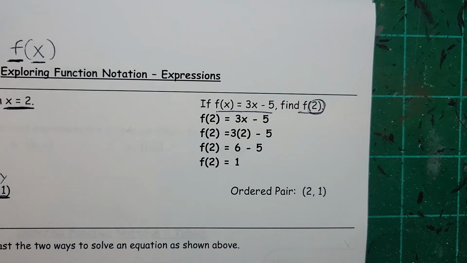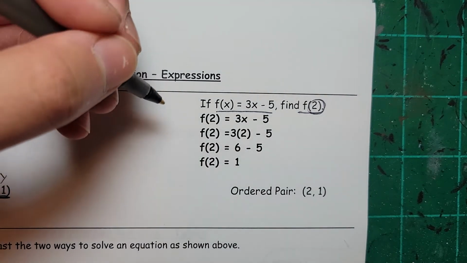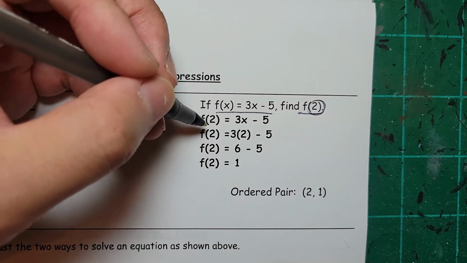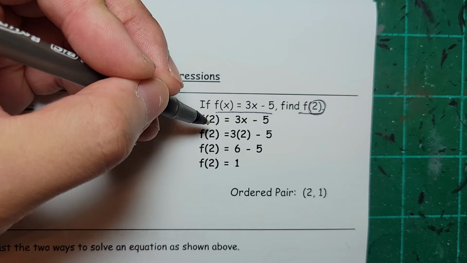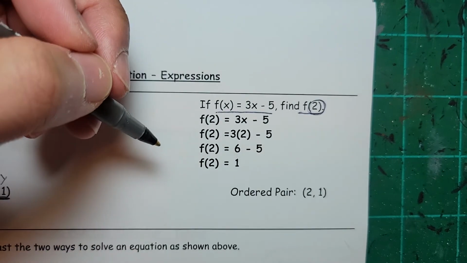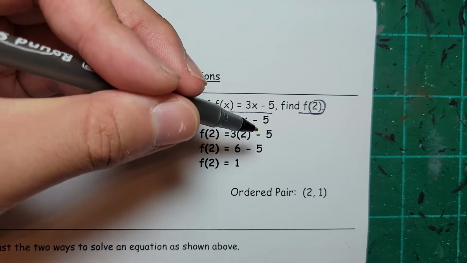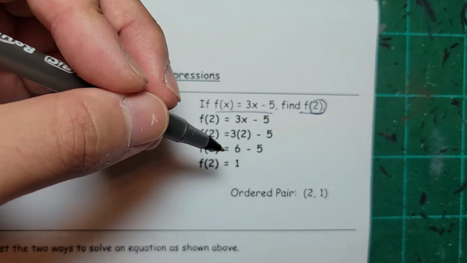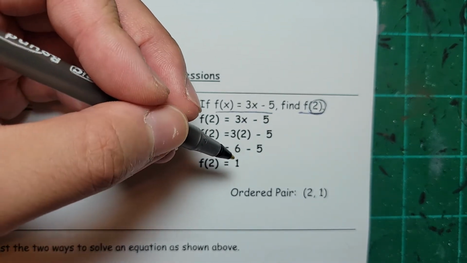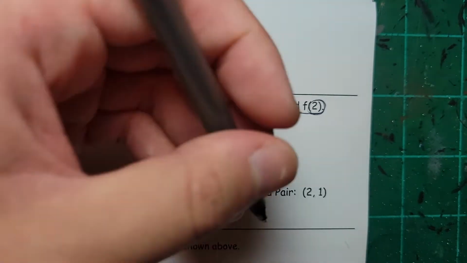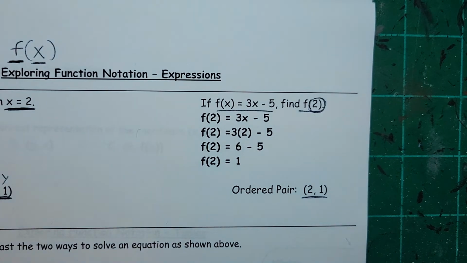So we solve it just like the last equation. F of 2 equals 3x minus 5. And because 2 is where our x value is, we plug it in right here. So we get 3 times 2 minus 5, 6 minus 5, and it becomes 1. So f of 2 equals 1. So our answer is the exact same, 2, 1.